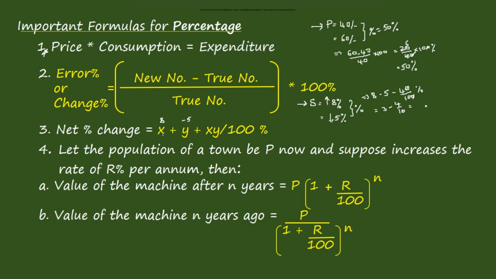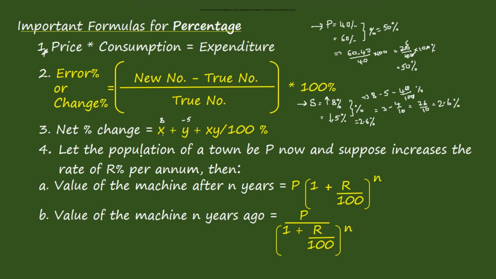It becomes 30 minus 4, it becomes 26 by 10, which is equal to 2.6 percentage. So percentage net change is 2.6 percentage, right? For such type of question, we'll be using the net percent change formula, x plus y plus x y by 100 percent.